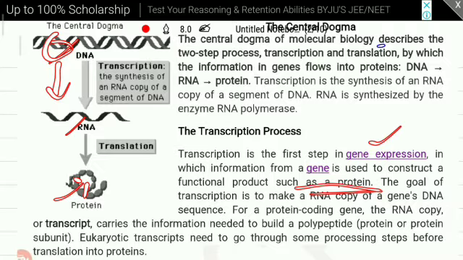For a protein coding gene, the RNA copy, or transcript, carries the information needed to build a polypeptide. Eukaryotic transcripts need to go through some processing steps before translation into proteins. That is the transcription process.